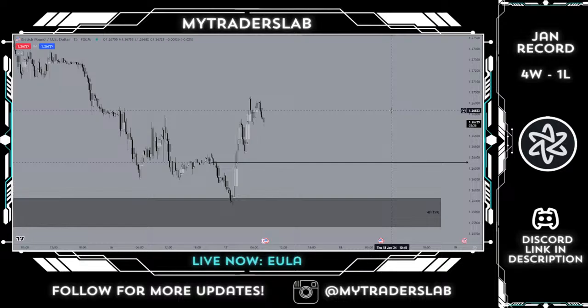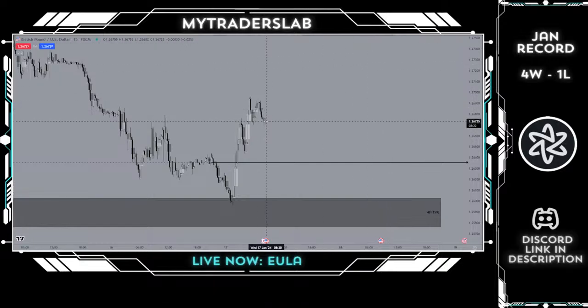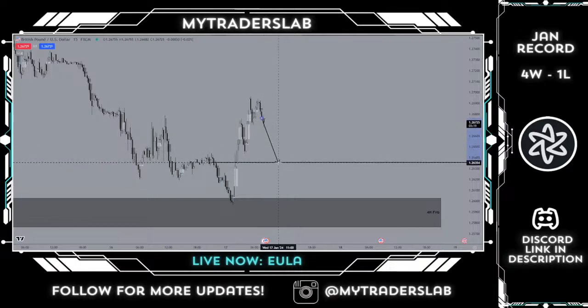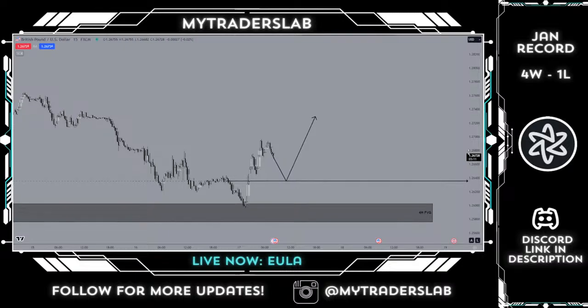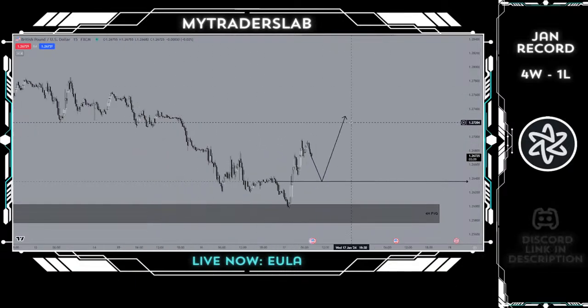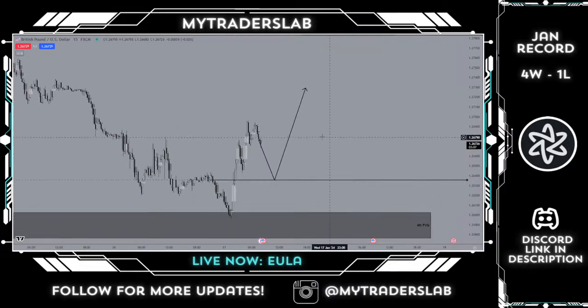Ideally I see that the economic data pushes price down all the way to here, and once it reaches here, I expect price to pump further. But who knows, maybe the price just pumps without us, and we can still find some buy setups from there. It's fine. Just gotta wait for the retracement lower. Nothing to worry about.